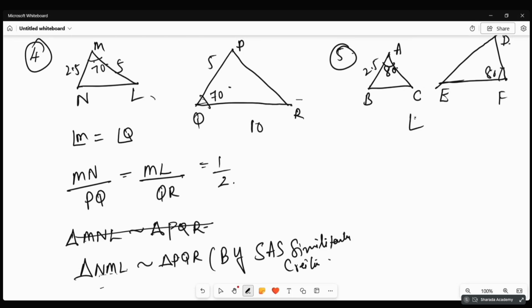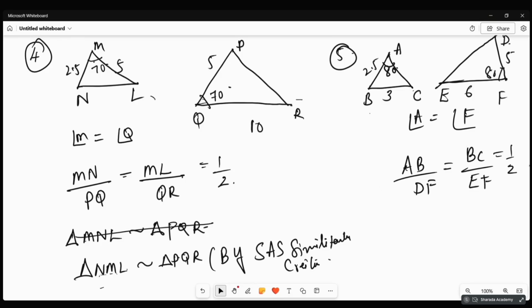Angle A is equal to angle F. Now AB by DF is equal to BC by EF, that is equal to 1 by 2. But with the sides proportional, if you take angles, you will not get the included angle here. That's why they are not similar.